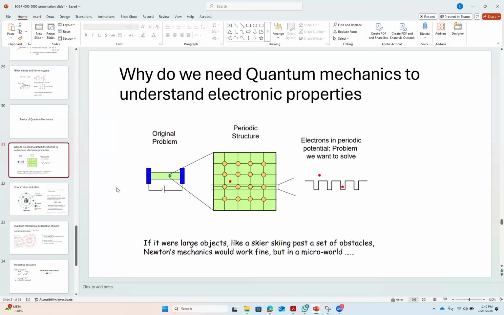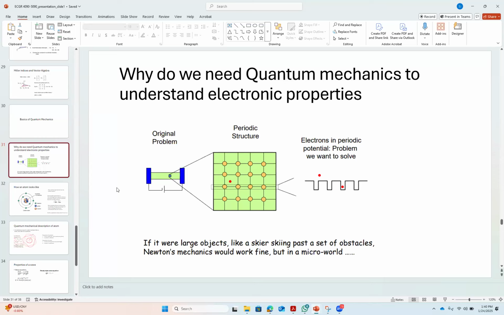We actually have a very simple law that explains how electrons flow in a material, and it's Ohm's law, V equals I multiplied by R. If you want to calculate the current through a material, you can simply use this formula.